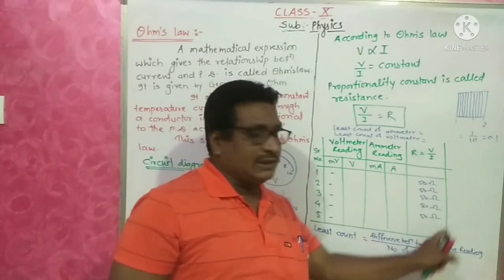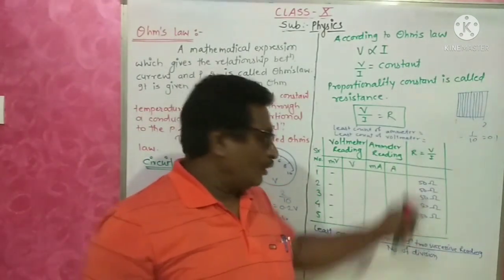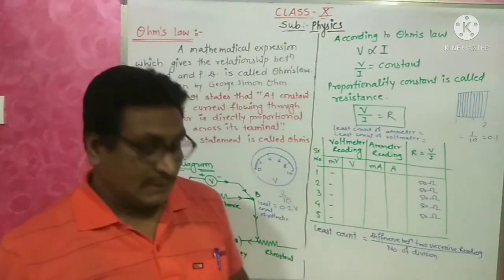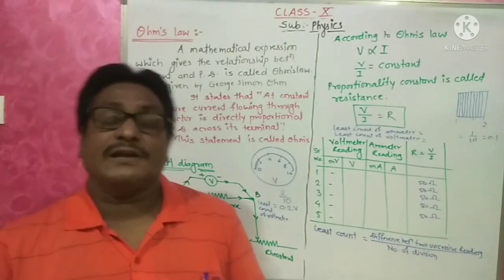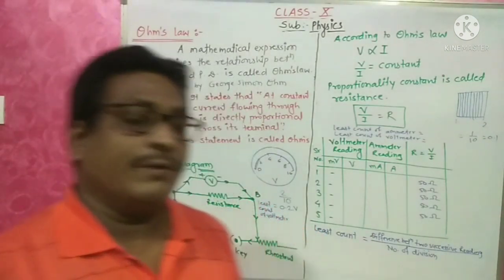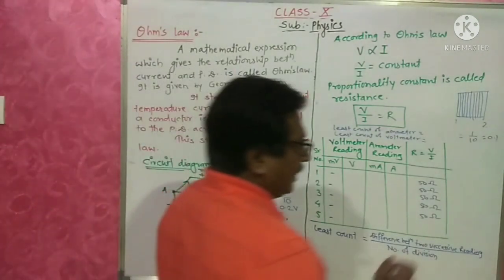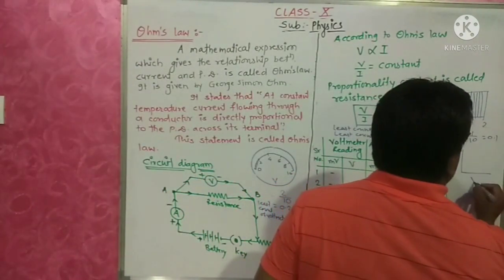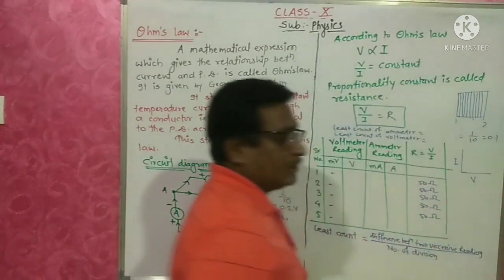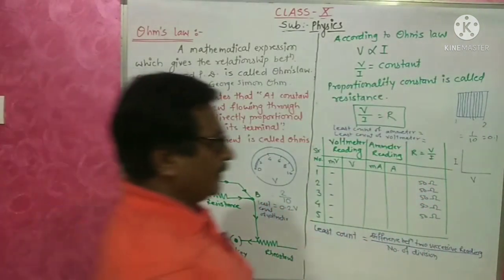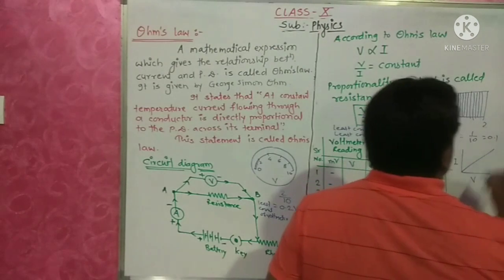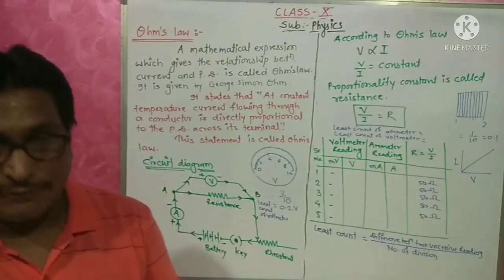When you get all the values the same or nearly equal, then Ohm's law is verified. Here you have to draw the graph of V versus I. When you get a straight line, then Ohm's law is verified.